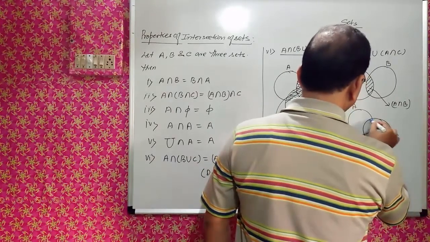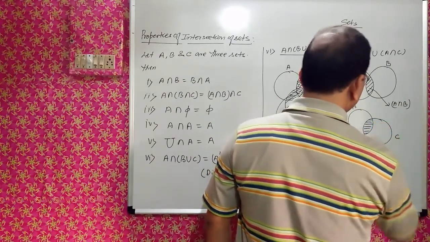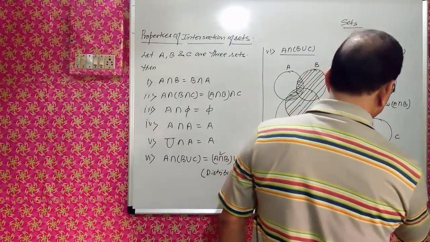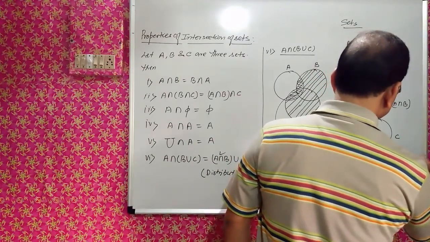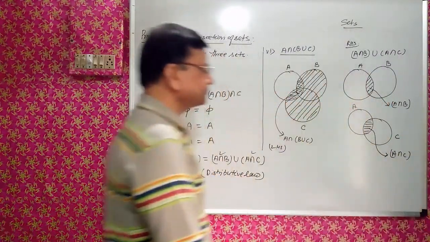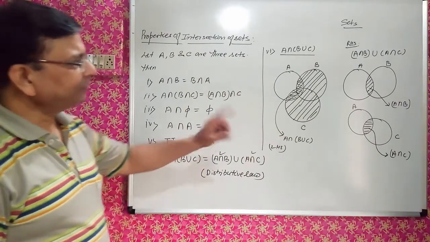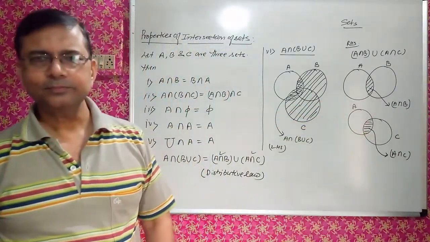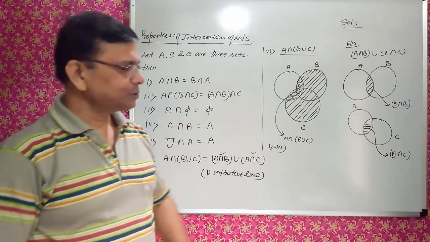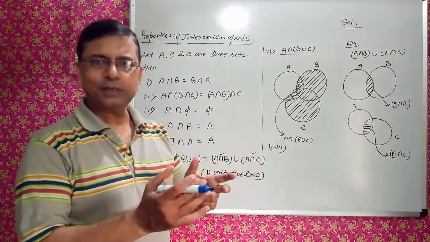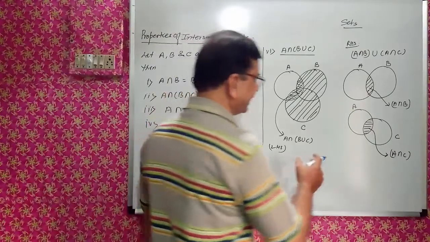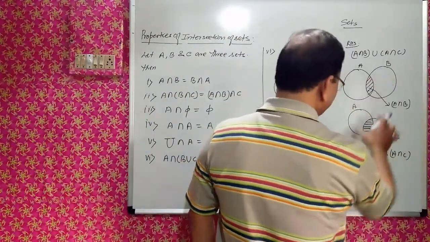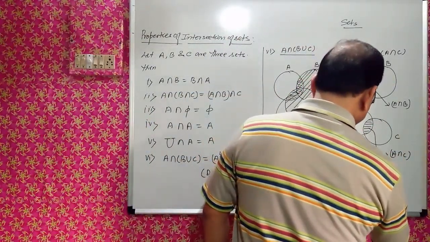A intersection C is this part. This is A intersection C. If you are finding union of these two, right? So all the elements will come. The figure will be like this. This and this. So we will get the figure something like this.